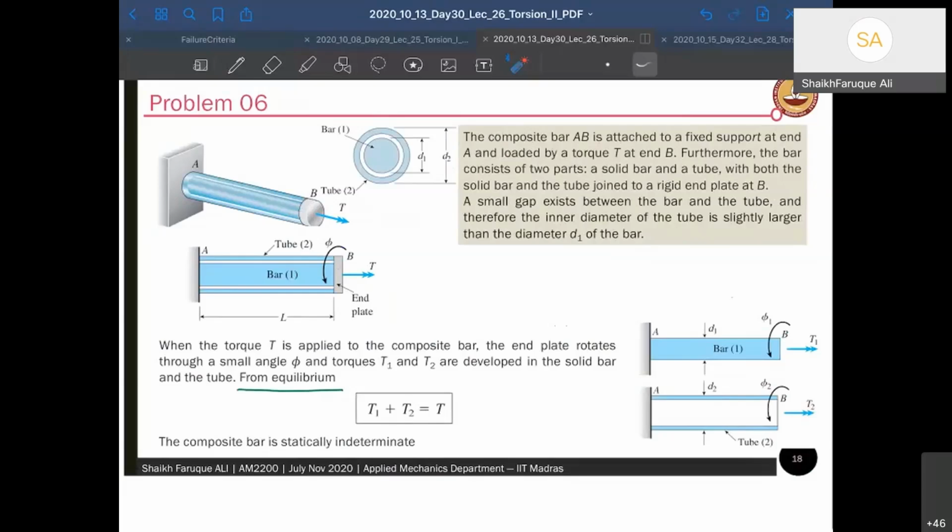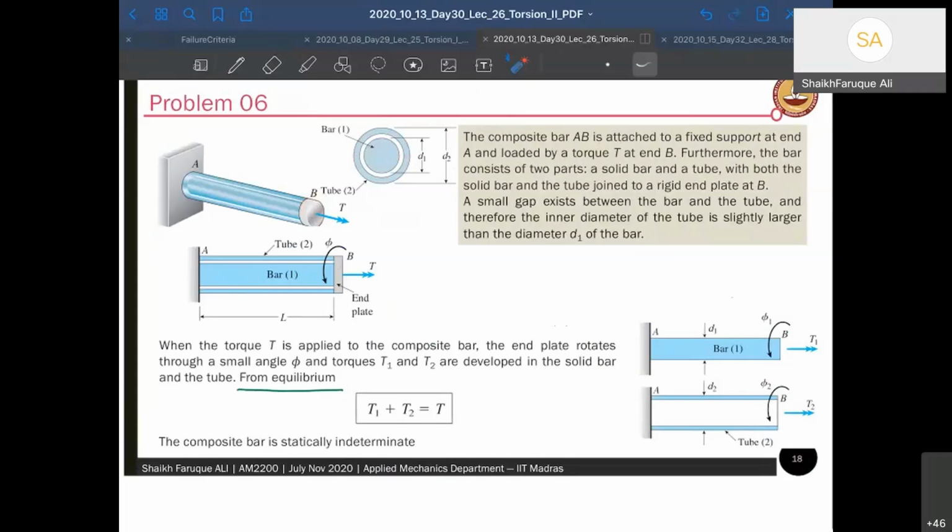To solve it, I need another compatibility equation. Now, what is that compatibility equation? How do I get that? So if I look at this picture, this is a very nice picture. If I look at this portion, it is fixed, right? And no deformation is allowed in the plate. Therefore, if the plate rotates by an angle theta, both of these members will rotate by that angle theta, right?